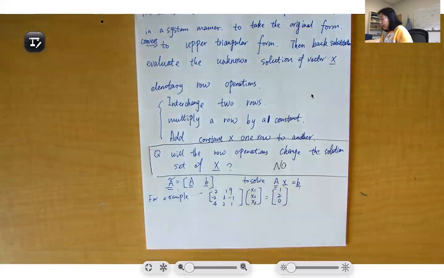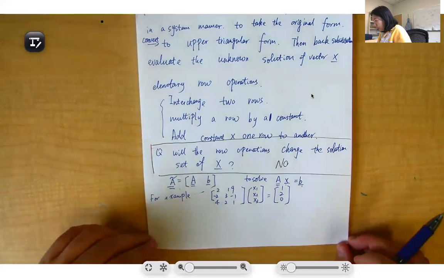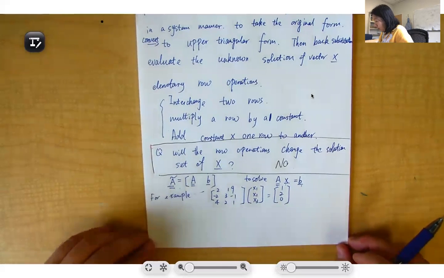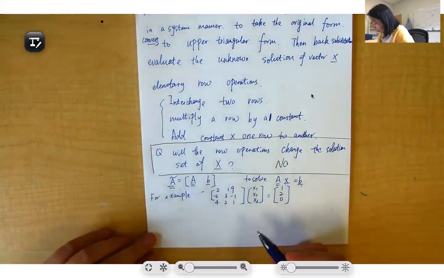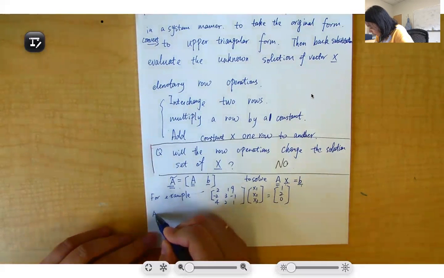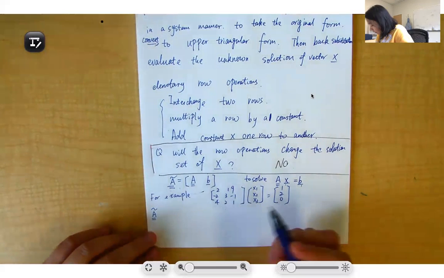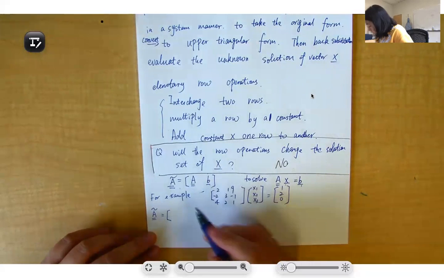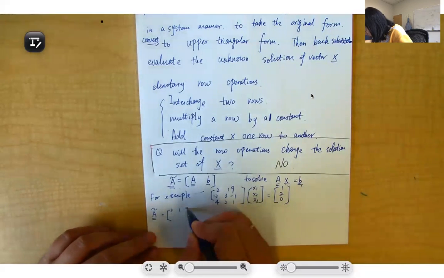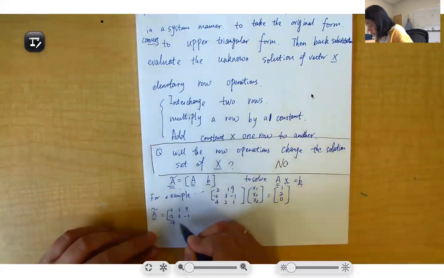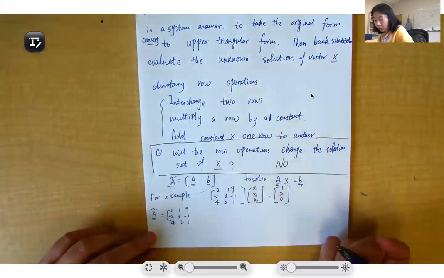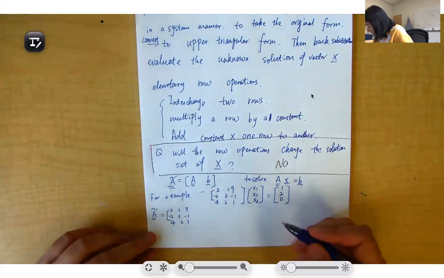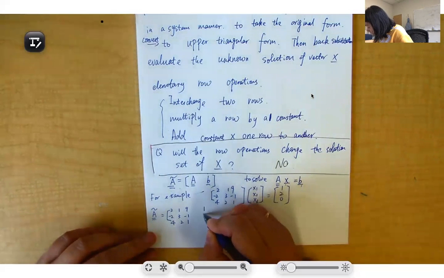Then we will use Gauss elimination to solve it. So let's form the augmented matrix, A augmented with b: 2, 1, 9; minus 2, 3, minus 1; 4, 2, 1 is matrix A, and b is 1, 2, 0.